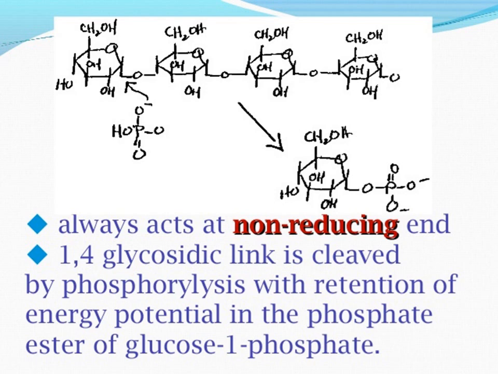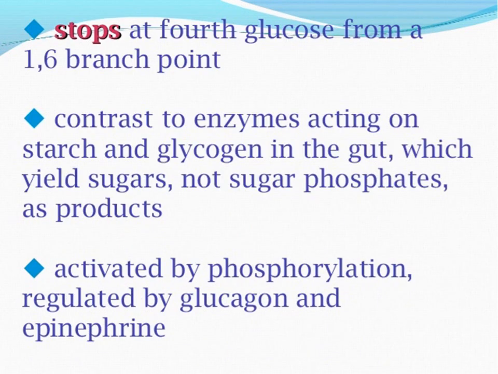The 1,4 glycosidic link is cleaved by phosphorylases with retention of the energy potential in the phosphate ester of glucose 1-phosphate. It stops at the 4th glucose from a 1,6 branch point. This is in contrast to enzymes acting on starch and glycogen in the gut, which yield sugars, not sugar phosphates, as products. It is activated by phosphorylation and regulated by glucagon and epinephrine.